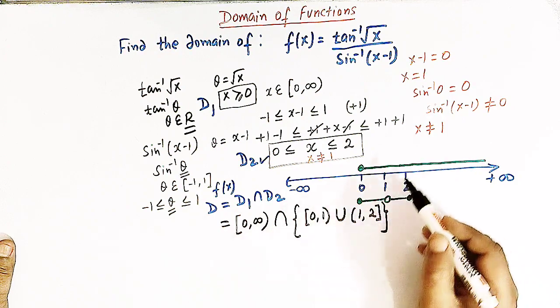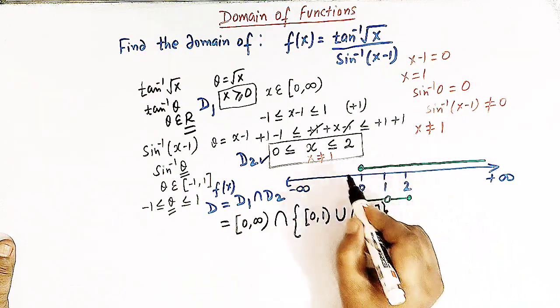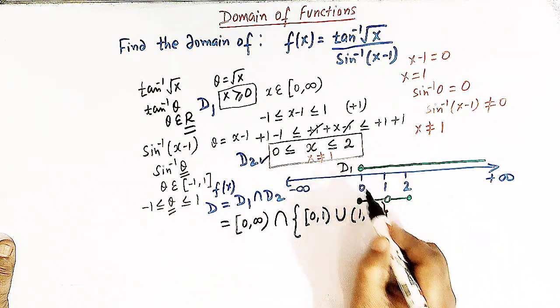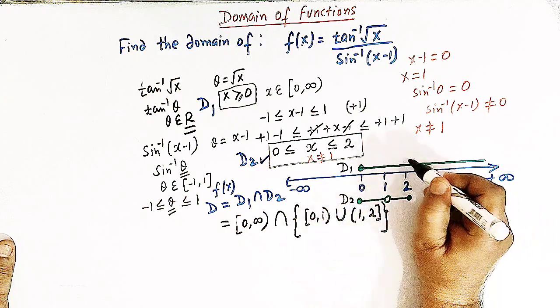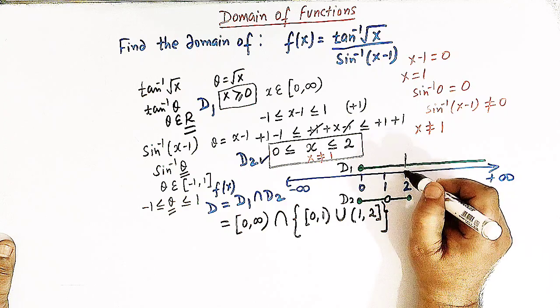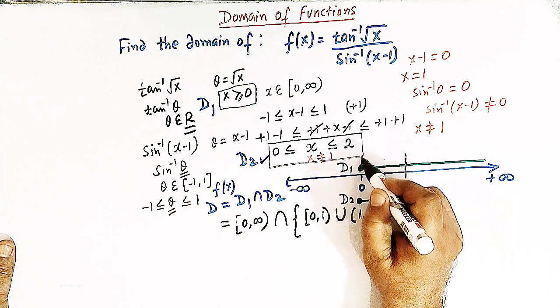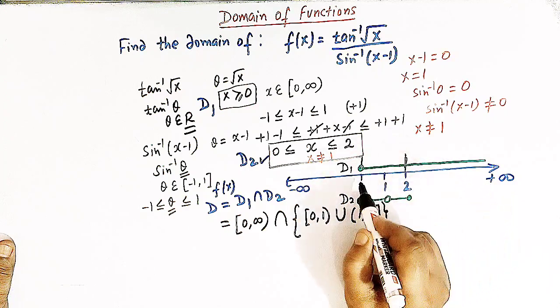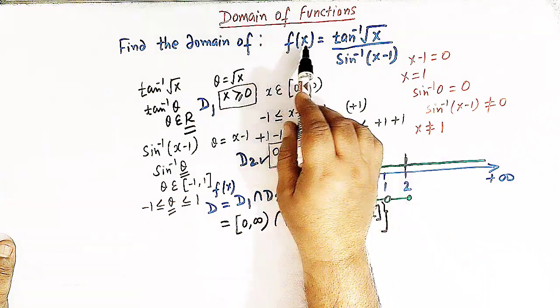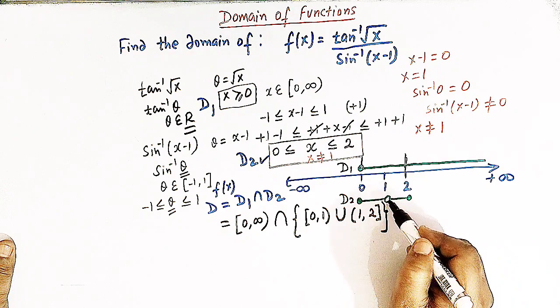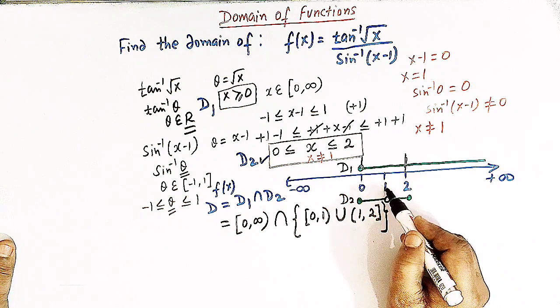So now the common region between these two domains, this is D1 and this is D2. Here the common domain is this region, from here to here. So from 0 to 2, we have the domain of f of x, excluding x equal to 1.